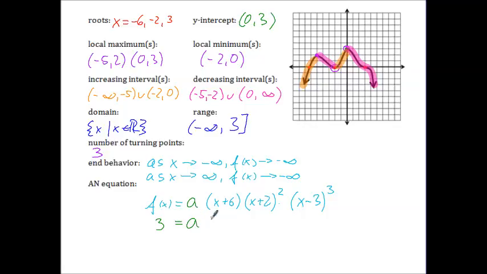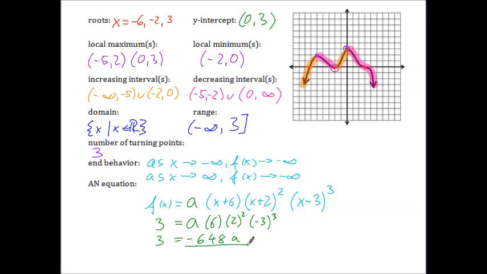So a times 0 plus 6 is 6, times 0 plus 2 is 2 squared, times 0 minus 3 is negative 3 cubed. And that is a pretty big number, so go ahead and use your calculator for that. I did that myself too. And I get 3 is equal to negative 648a.